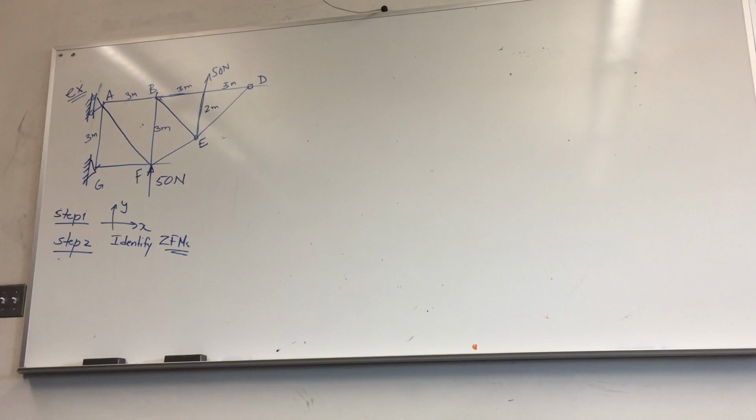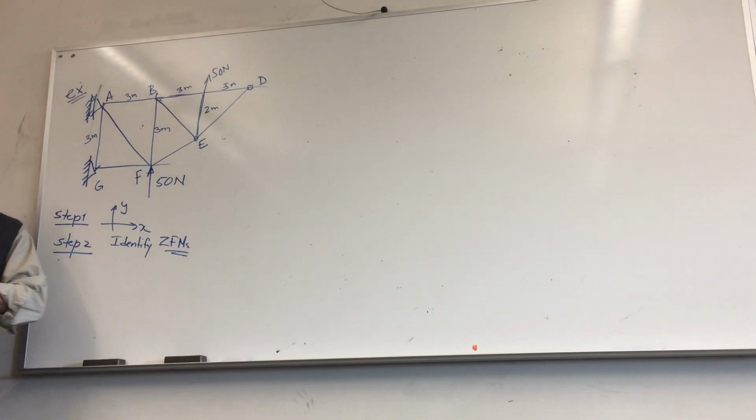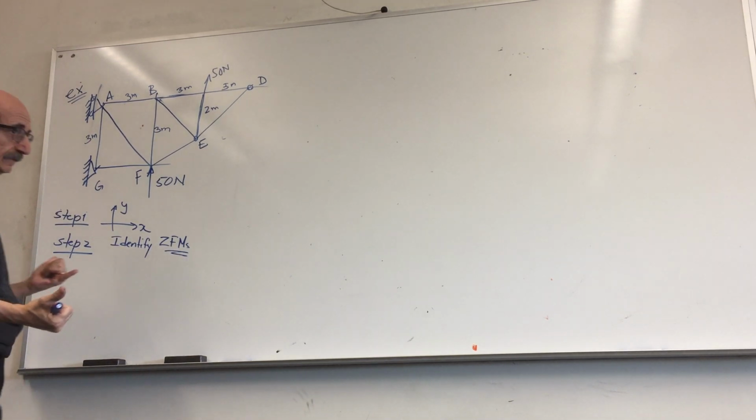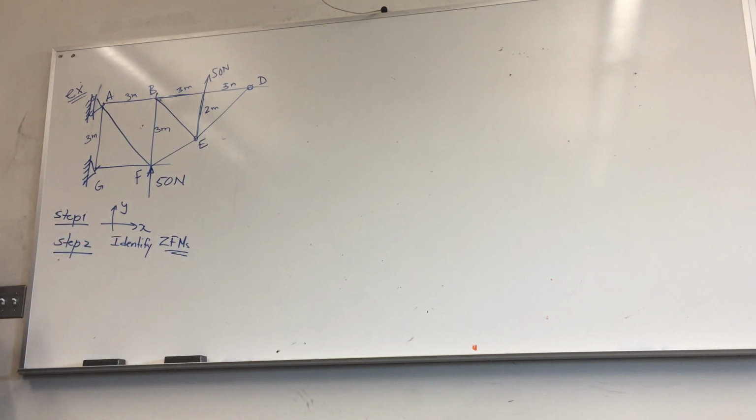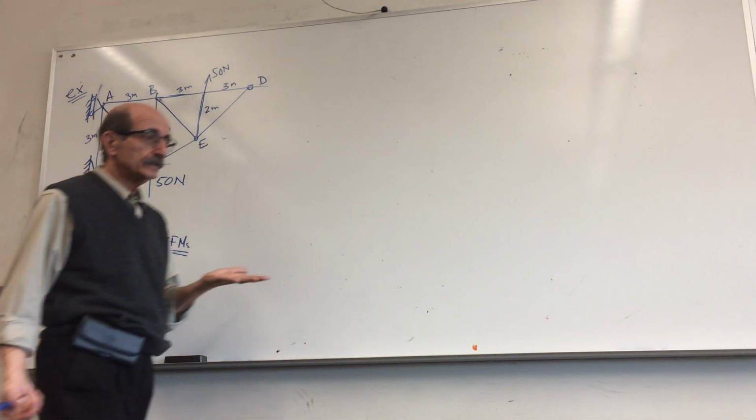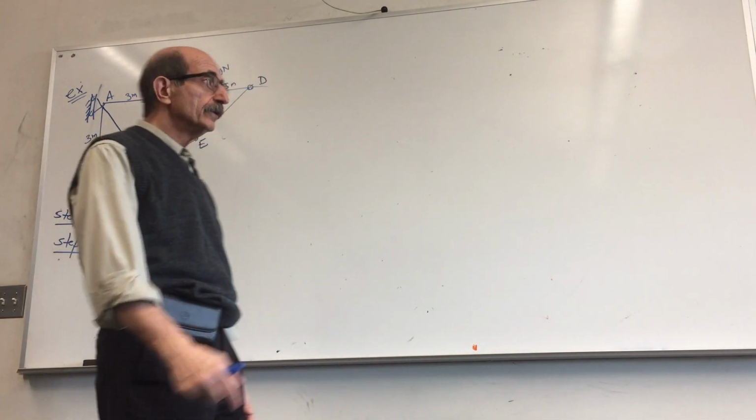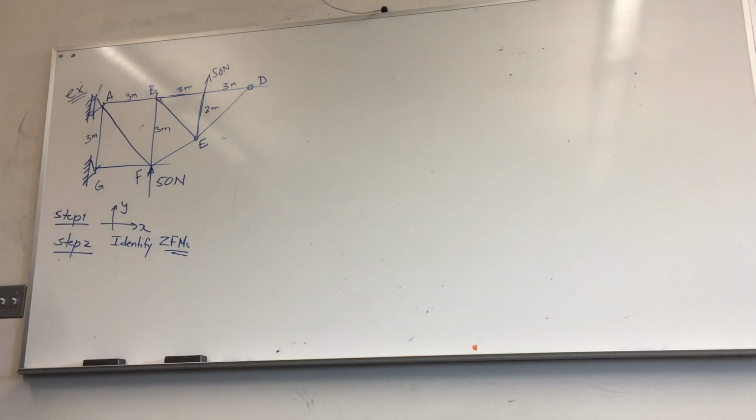And what was the criteria? You look at any joint where 3 members come together, no load acts at that joint, 2 of those are collinear, and then the third one, which intersects with those collinear forces, is zero. Do you see any here? Any joint that satisfies those conditions?